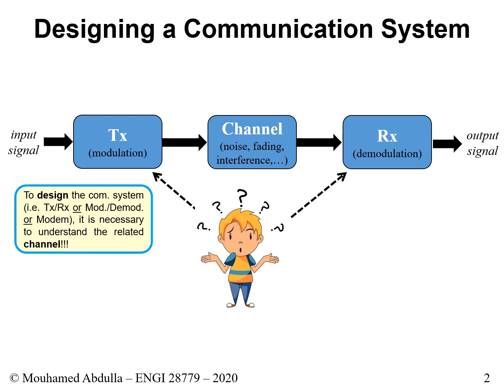The answer could be as follows. And I wrote it to you here so we could read it together. To design the communication system, i.e. the transmitter and the receiver, or if we don't want to say transmitter and receiver, we could also say the modulator and the demodulator, or sometimes we have a device that can transmit and receive.